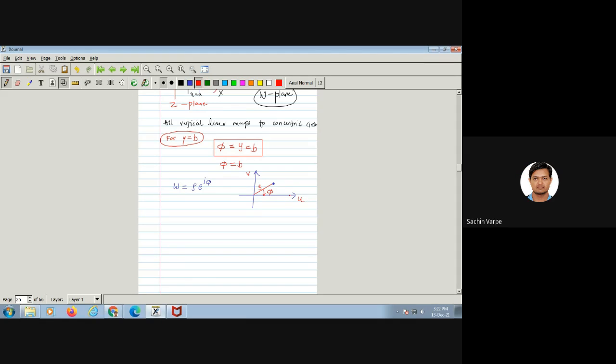It is just like z equal to r e raised to i theta. r is mod of z, here it will be mod of w, and theta is the angular displacement, so here it is phi.